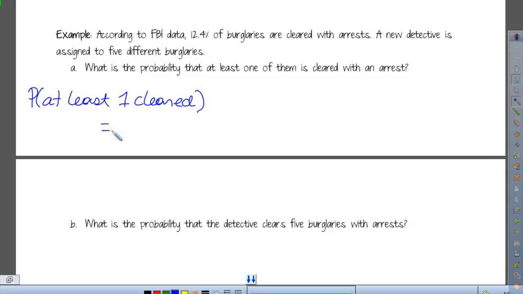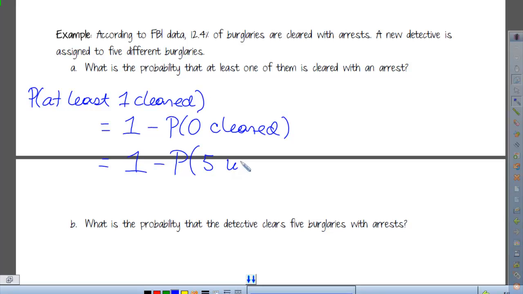Okay, and so the complement of at least one is what? 0 cleared. Okay, so 0 of them are cleared, then we must have how many that are uncleared? 5. Okay, 5 uncleared.